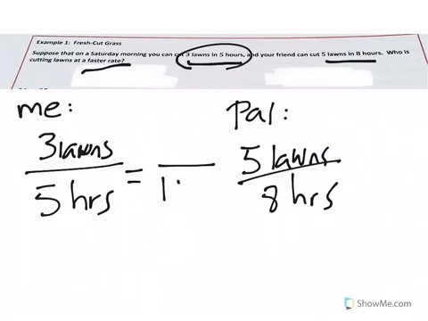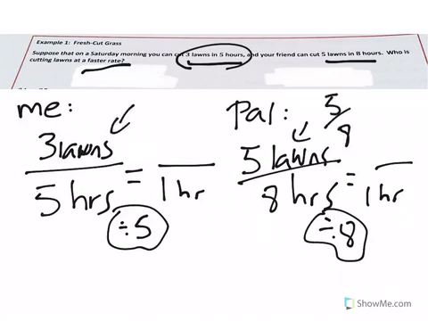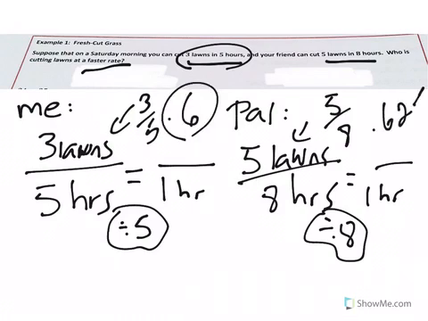We could ask how many lawns in 1 hour, in which case we would divide by 5 here, and over here we would divide by 8. What you'd end up with is 3 divided by 5, which gives 0.6, and 5 divided by 8, which gives 0.625.